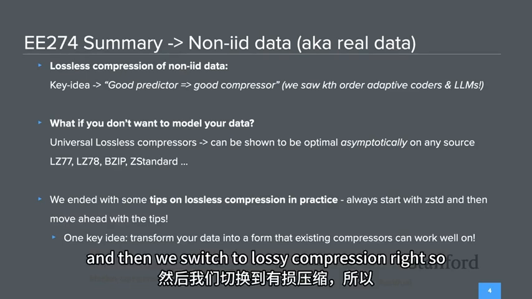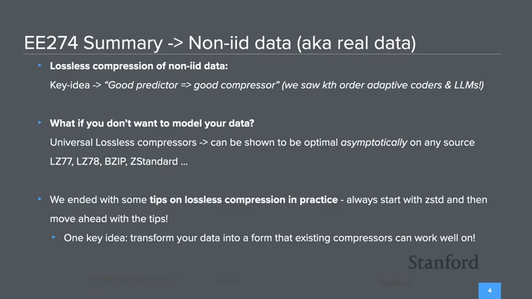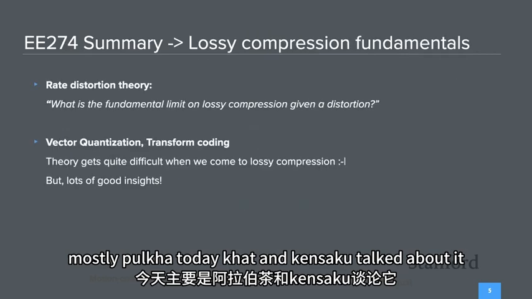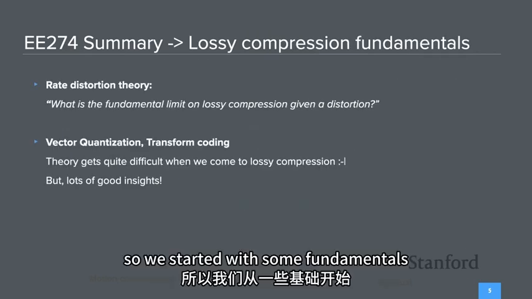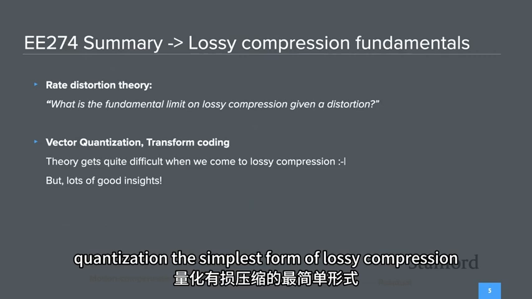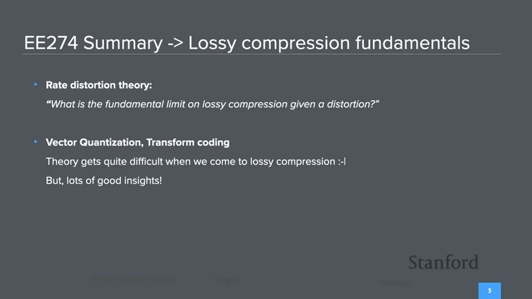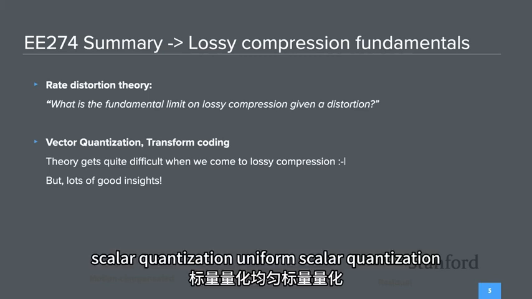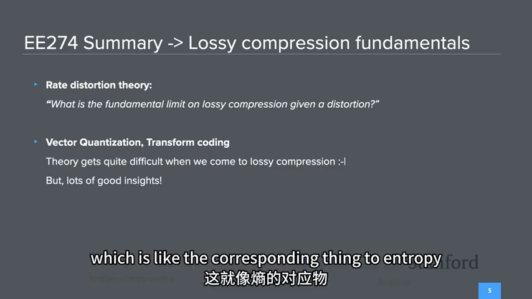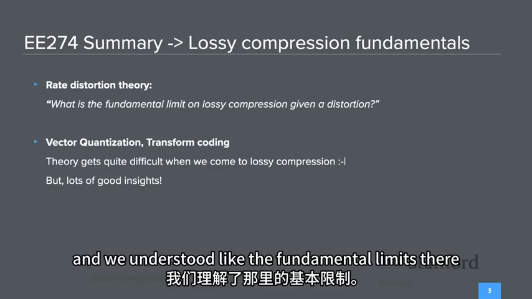And then we switched to lossy compression. Mostly Pulkit, today Kedar, and Tsachy talked about it. So we started with some fundamentals. We looked at quantization, the simplest form of lossy compression, scalar quantization, uniform scalar quantization. We looked at rate distortion theory, which is the corresponding thing to entropy, and we understood the fundamental limits there.